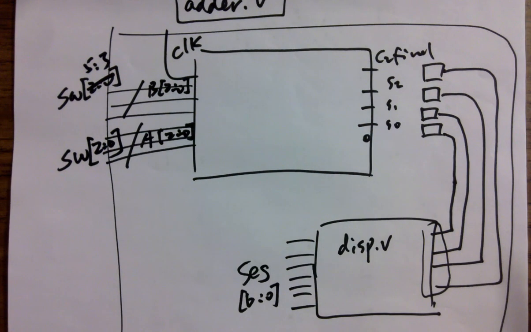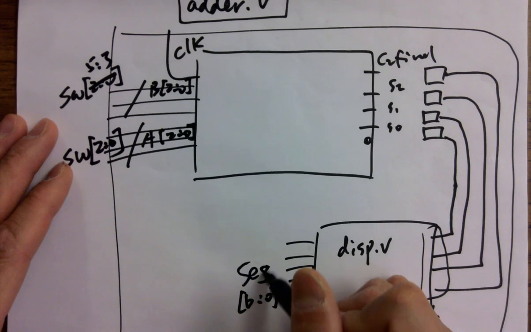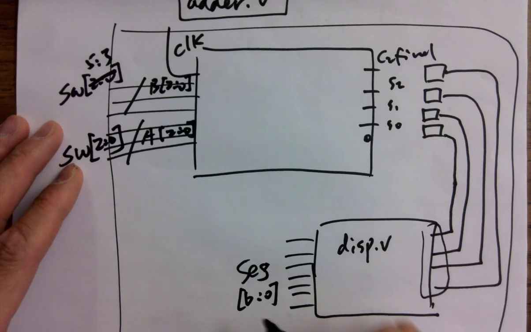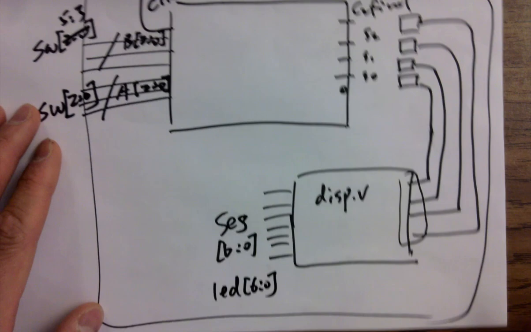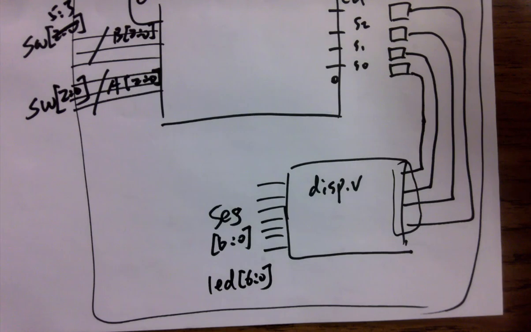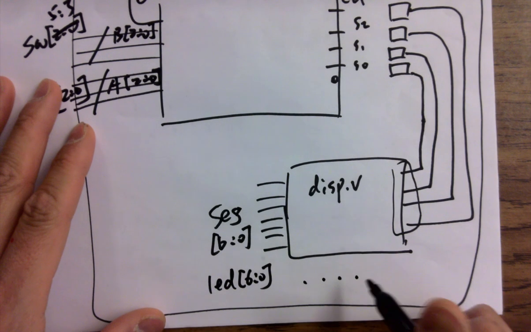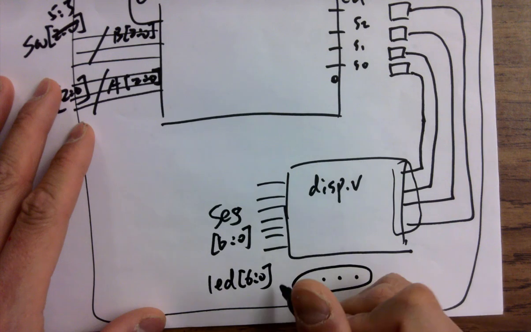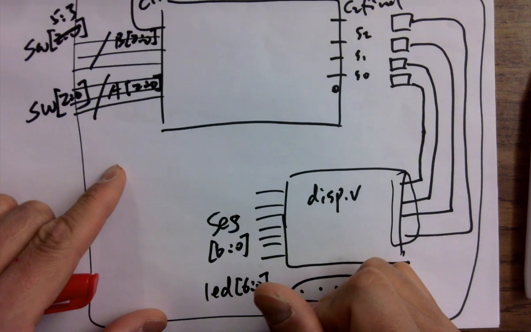Switches. And also you can connect, so these are going to the segments, right? But also you could do LEDs. I think one of the tasks is asking you guys to connect everything to the LEDs instead of segments only. So you can show the results on the LEDs. You got 4 LEDs to show the results, and another LED is the overflow indicator.